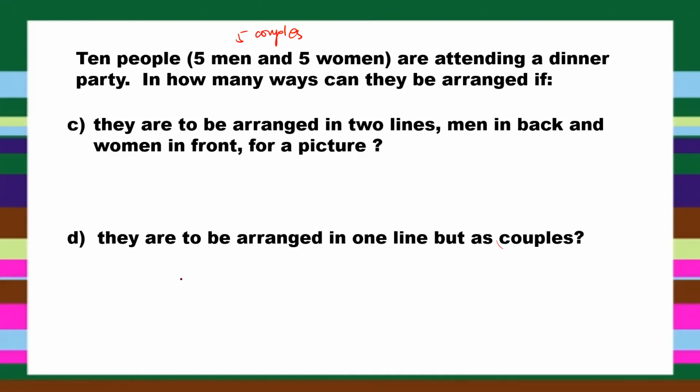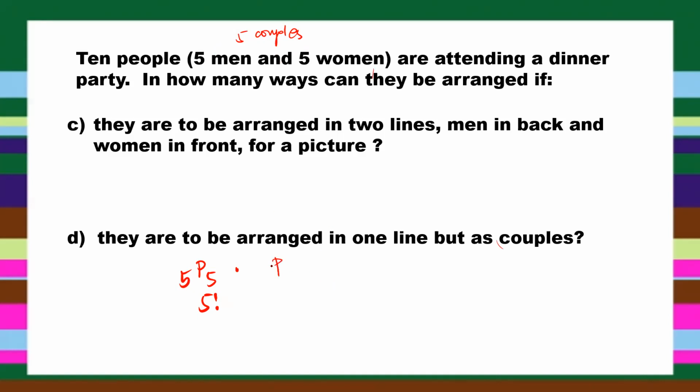Since there are 5 couples, ibig sabihin that's permutation of 5 taken 5 at a time, or 5 factorial, times yung own permutation nila. Kung couples yan, ibig sabihin each couple has 2 people.